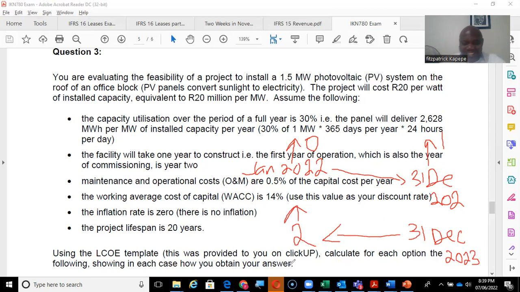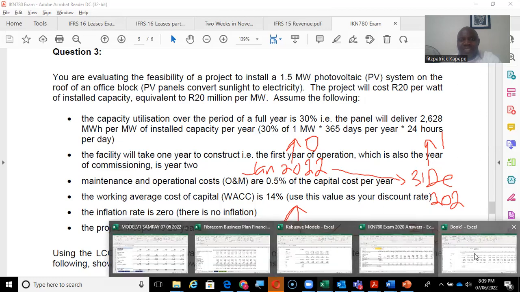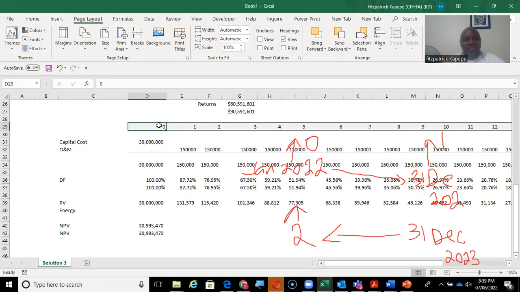So let's get back there. Not the beginning. So this is that confusion of beginning and the beginning of the year. So now, production is not going to start even in here. We are not going to have it in year 1.